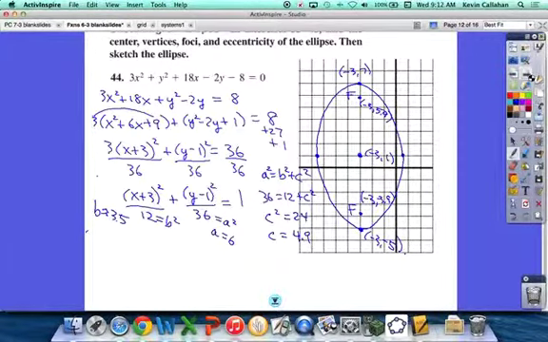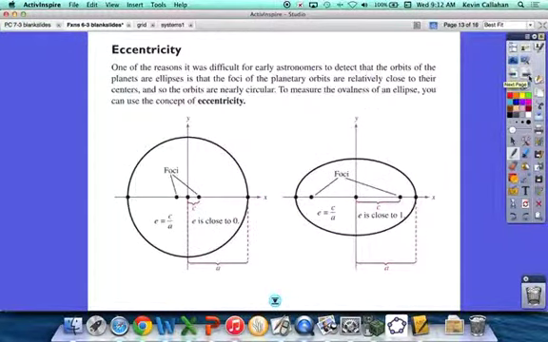And the last concept here is this thing I've called eccentricity. Eccentricity in an ellipse is trying to tell you, is this an ellipse that's just a little bit longer in one direction than the other, or is it way longer in one direction than the other, right? So the definition of eccentricity is c divided by a. Remember, c is the distance from the center to the focus. a is the distance from the center to the vertex.